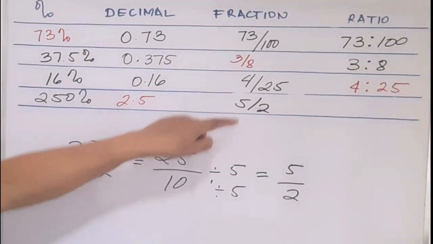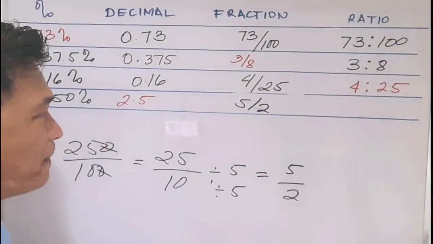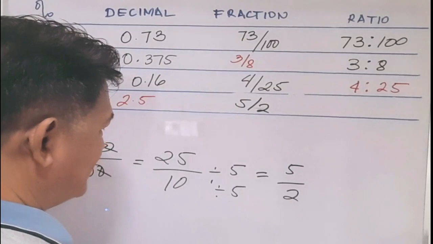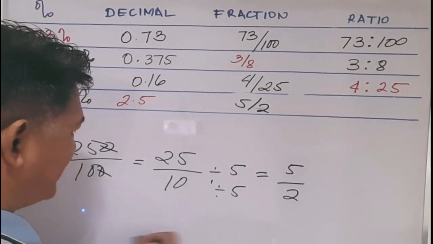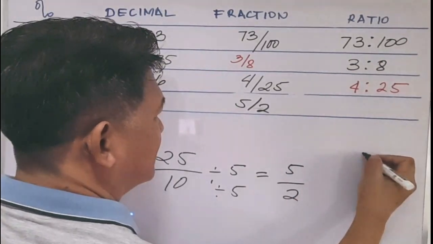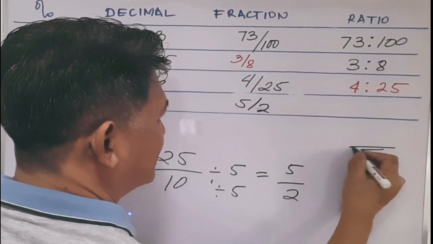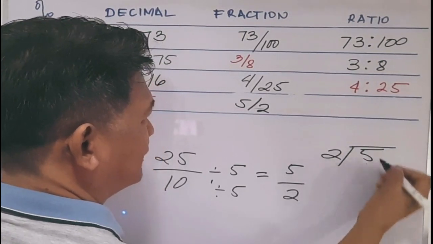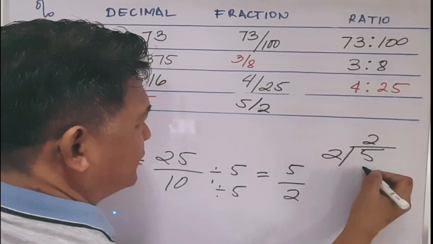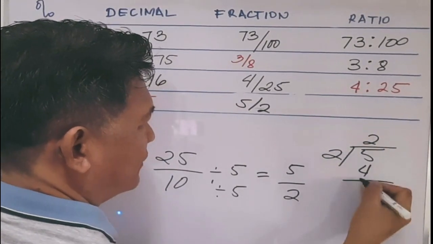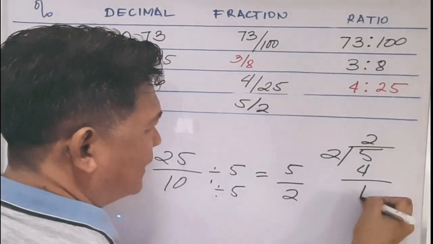Since this is an improper fraction, we can reduce it by dividing 5 by 2, which is 2 with a remainder of 1.